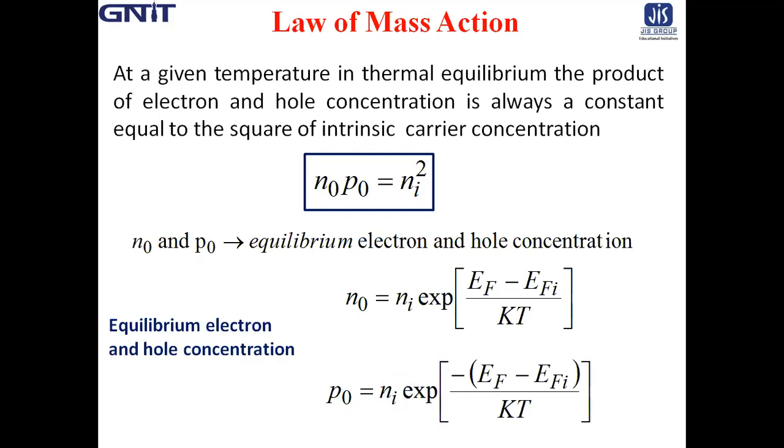Thus EF is greater than EFi and N0 is greater than P0. Similarly, in a P-type semiconductor, P0 is greater than Ni and N0 is less than Ni. So EF is less than EFi and P0 is greater than N0. So this is the mass action law.